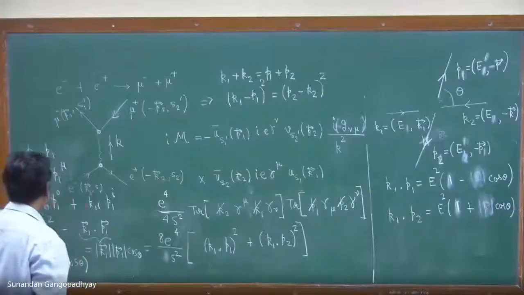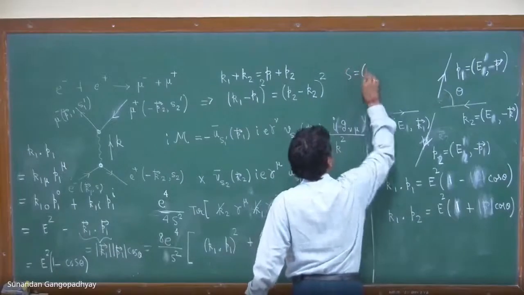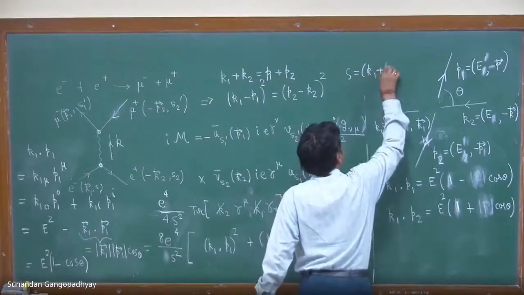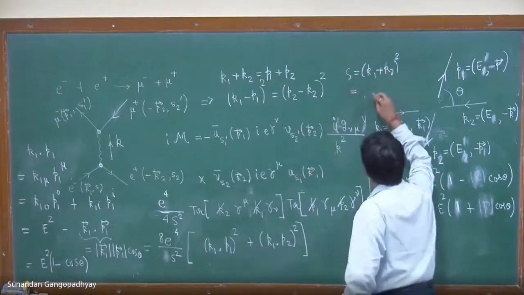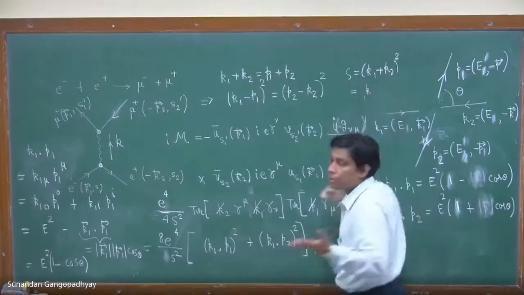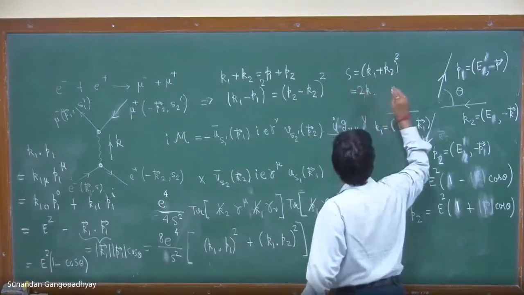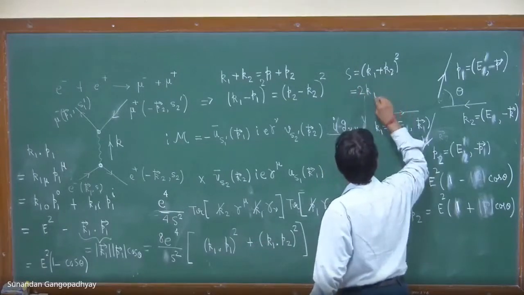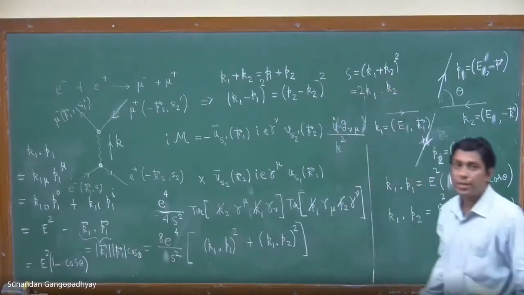And let us see what S is. What is the Mandelstam variable? S is equal to (K1 plus K2) whole square, right? But K1 square is 0, K2 square is 0. So this is twice K1 dot K2, right?